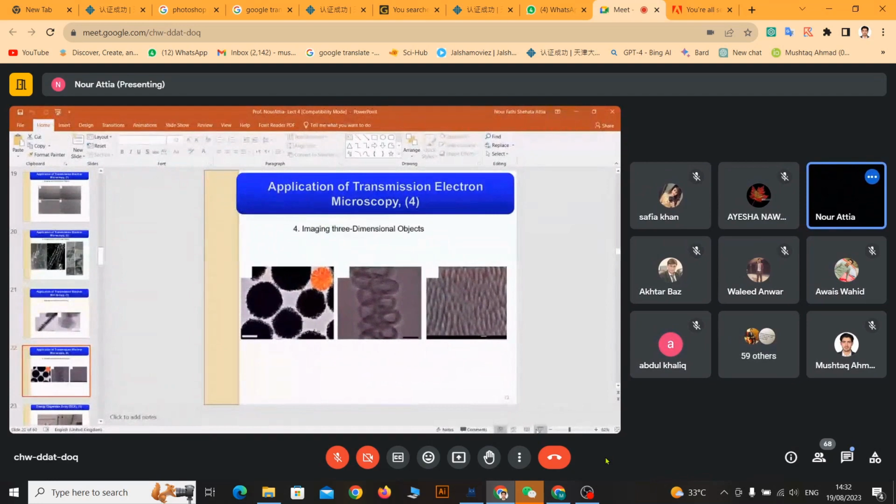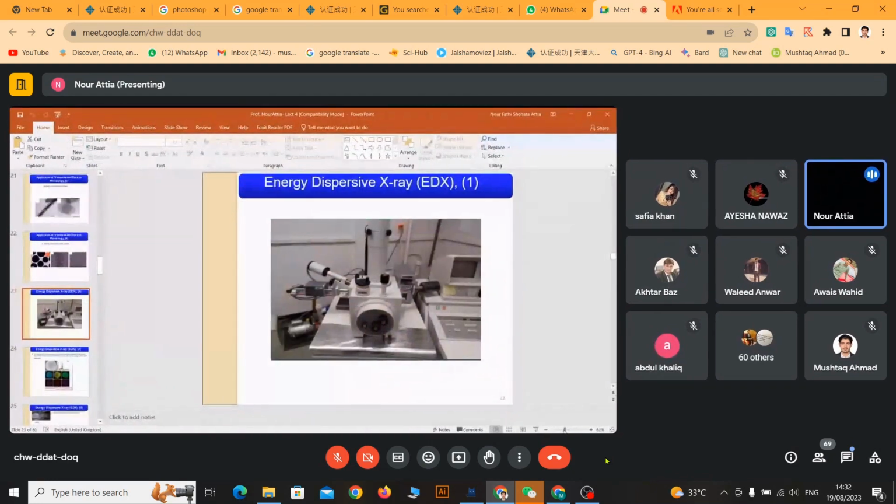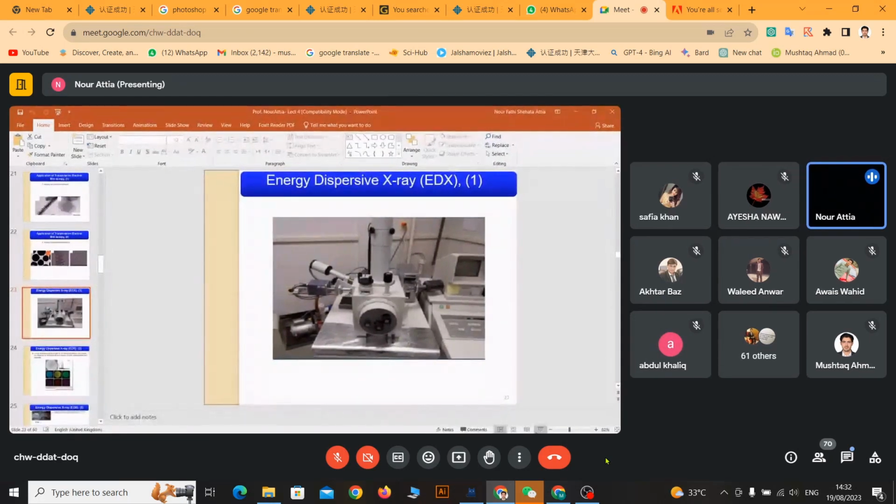The other one is EDX, or energy dispersive X-ray. This is one piece of equipment connected to the SEM or TEM, and it is responsible for measuring the elemental composition of the materials.